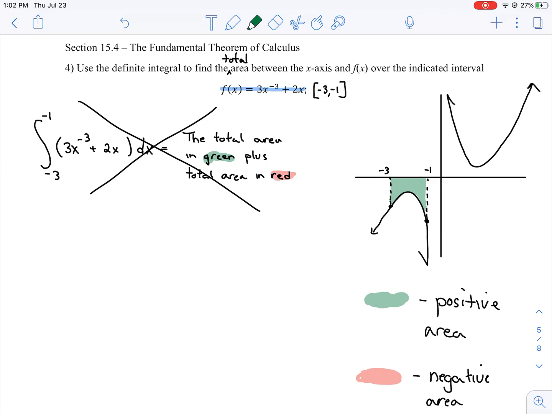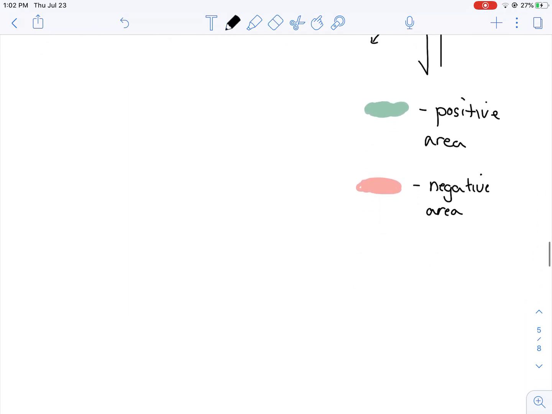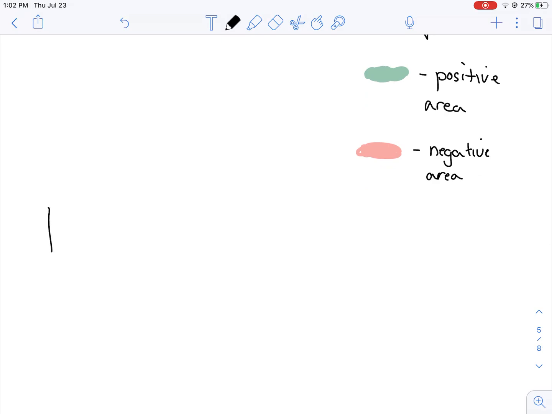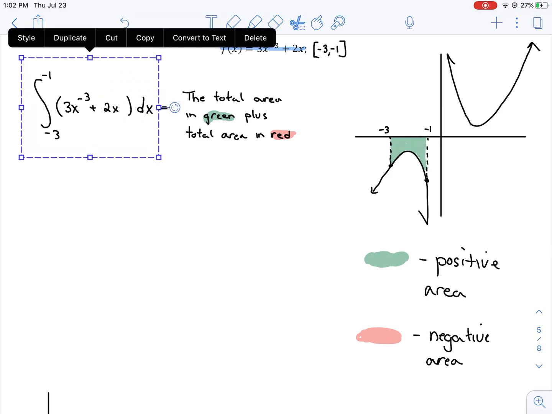What would be the area of that shaded region? Well, since we want the area of this space to be positive, we're going to have to take the absolute value of the definite integral that I wrote earlier.